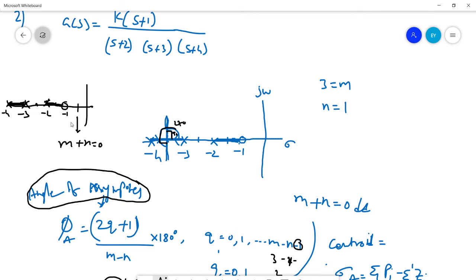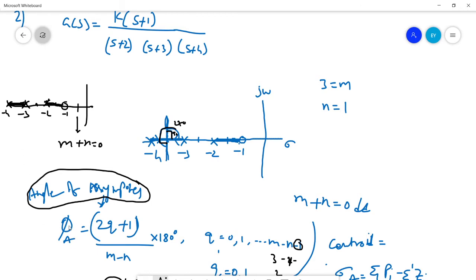The purpose of using the angle of asymptotes comes in this case, where you have 2 poles and no zeros, and we should estimate where the locus is tending, which angle it makes with respect to the real axis.